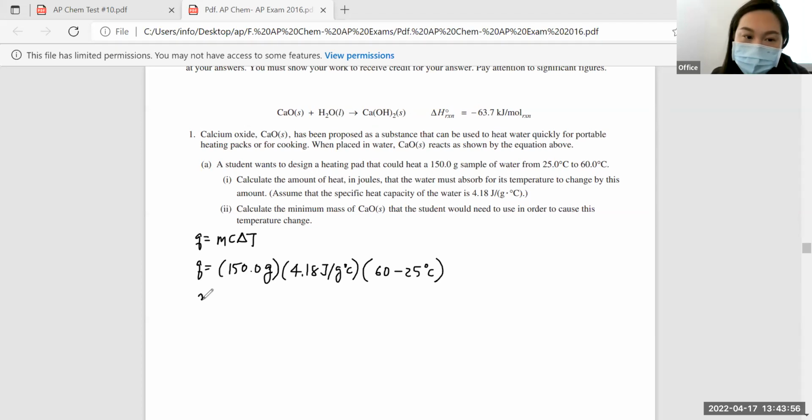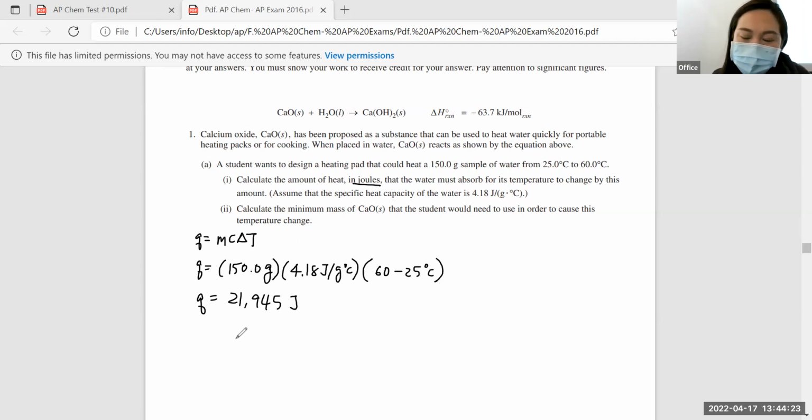I get Q equals 21,945 joules. They wanted it in joules, so I would leave it like this, but I would change it to scientific notation because of sig figs.